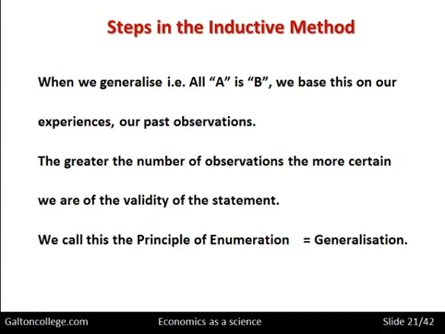Would it be something different? And if we did see a black swan, would that mean that we'd have to change the statement from all swans are white to some swans are white, because we found an exception? And when we generalize, exceptions do arise. So we have got a problem.